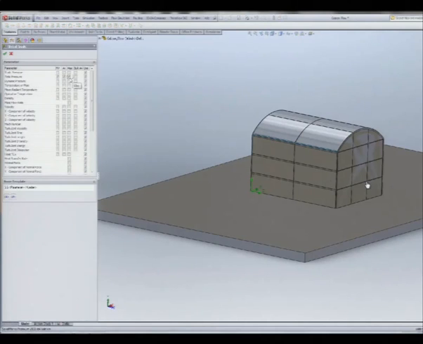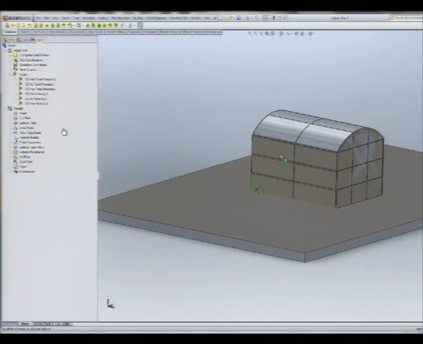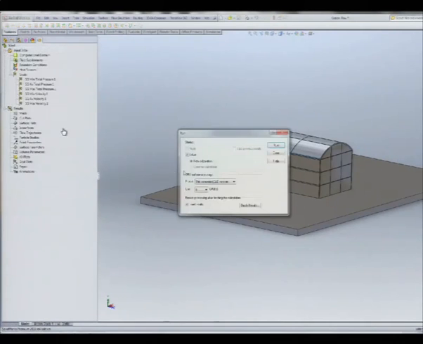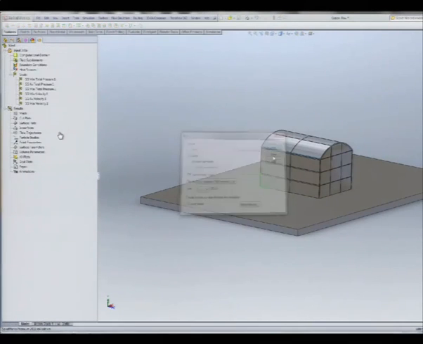So the flow will run without any problem, but the result will be rubbish. And finally, what is missing is the goals. The goals tell the software, tell Flow, what I'm interested in. In this case, I'm interested in having a good pressure field.